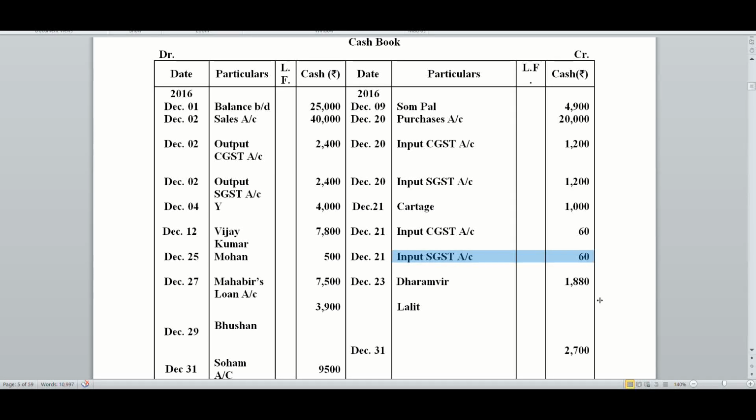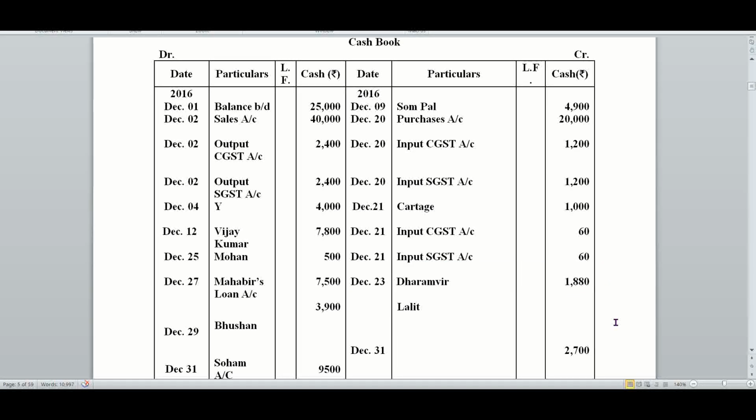Dharambir account debit 2000, to cash 1880, to discount received 120. So the journal entry is like this: Dharambir account debit 2000, to cash 1880, to discount received 120.